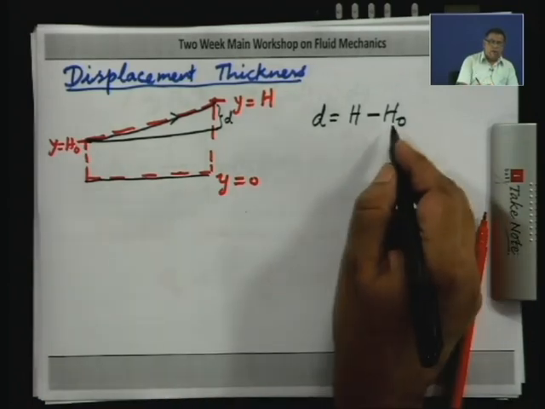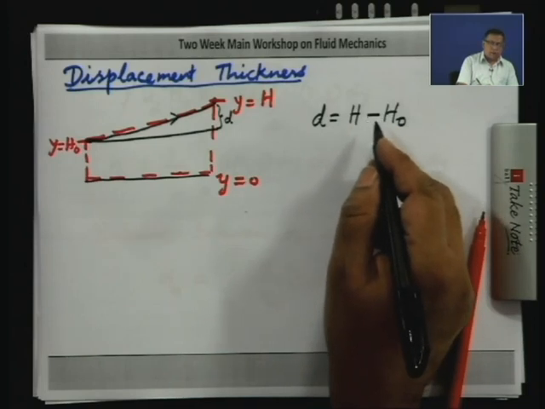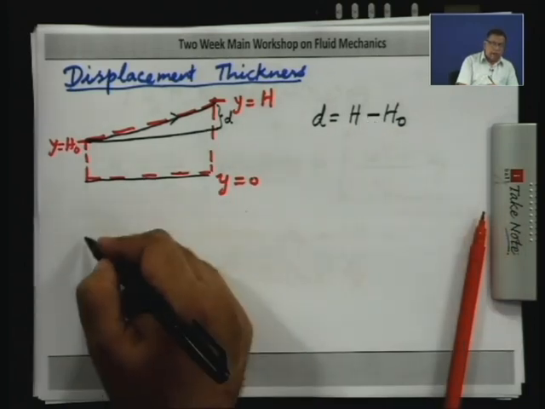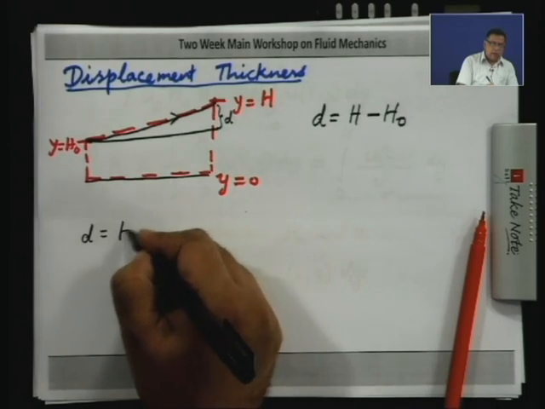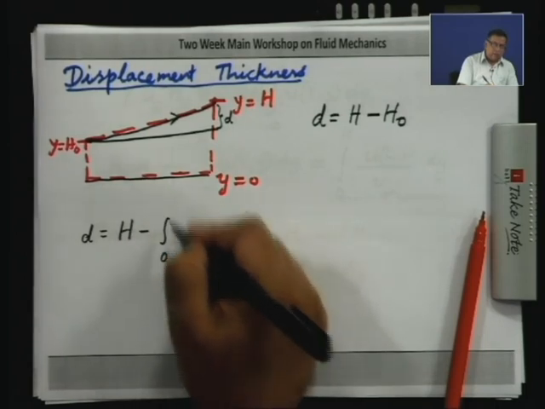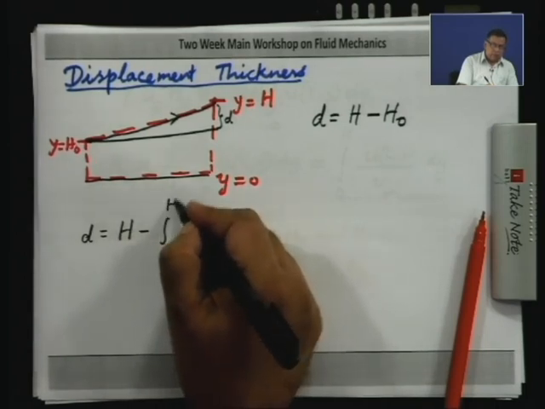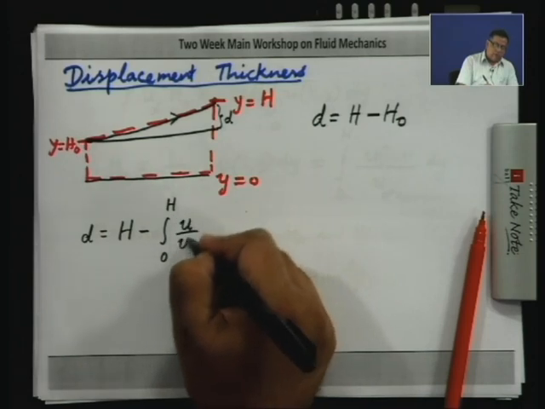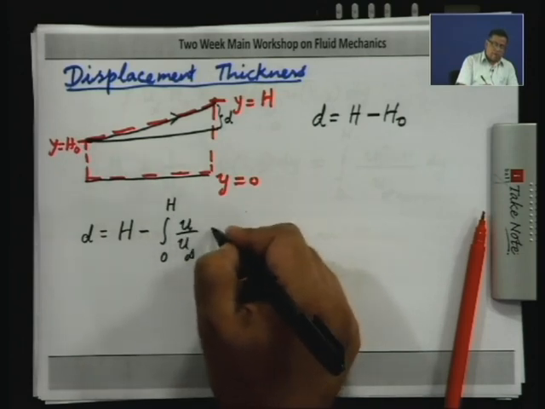Now, we have already found a relation between h and h naught. So, we can write d as h minus integral 0 to h u by u infinity dy.